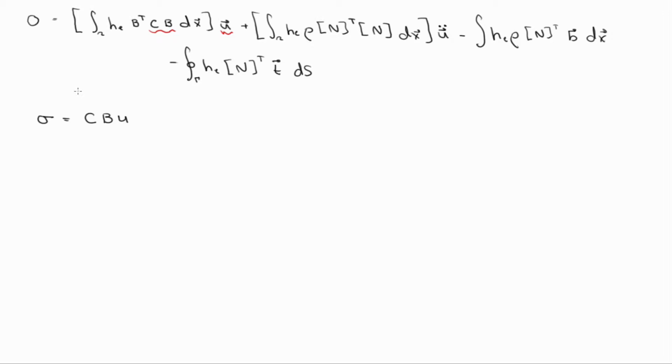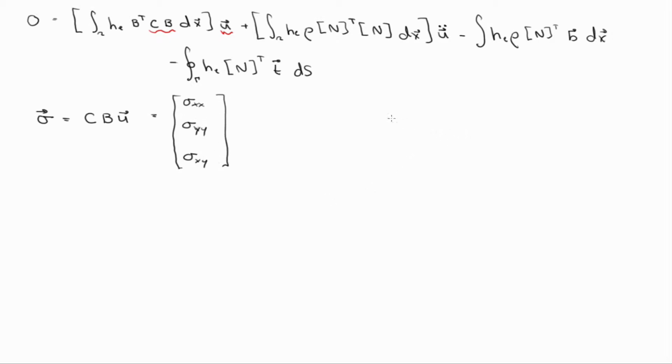And using all this notation, B and C are matrices. So the stress is a vector. Since this is plane elasticity, it's like sigma xx, sigma yy, sigma xy.